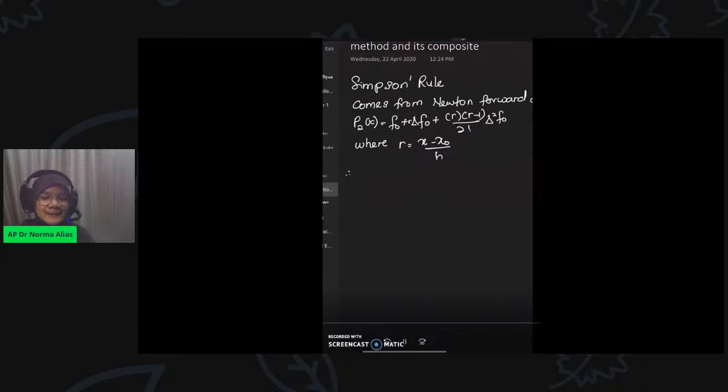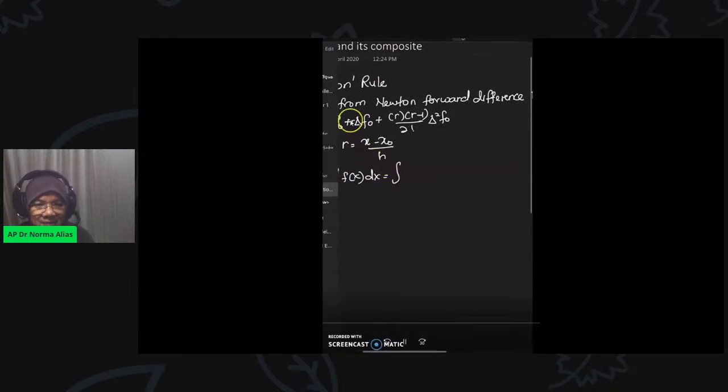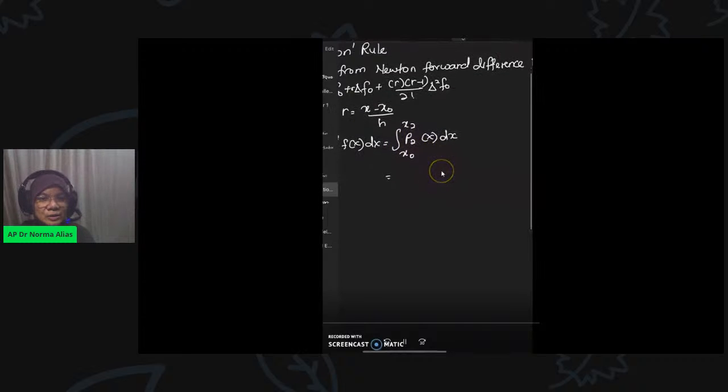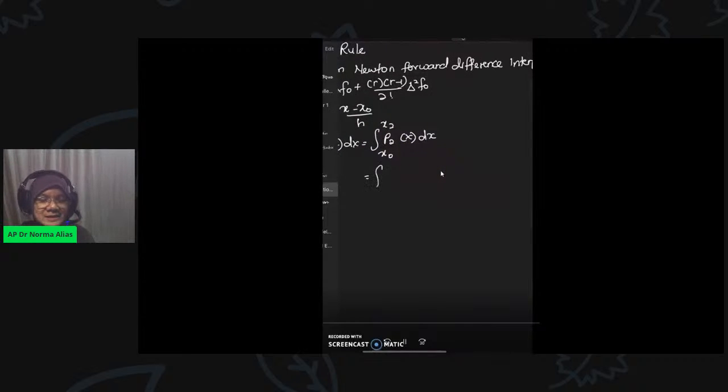All right. So now we want to do the integral between a and b, or x0 up to x2, for the function f(x) dx. We need to use an even number, 2, 4, 6, and so on. So for the basic case, we use x0 to x2 for p2(x) dx. All right, so we want to integrate the Newton forward difference formula with respect to x.